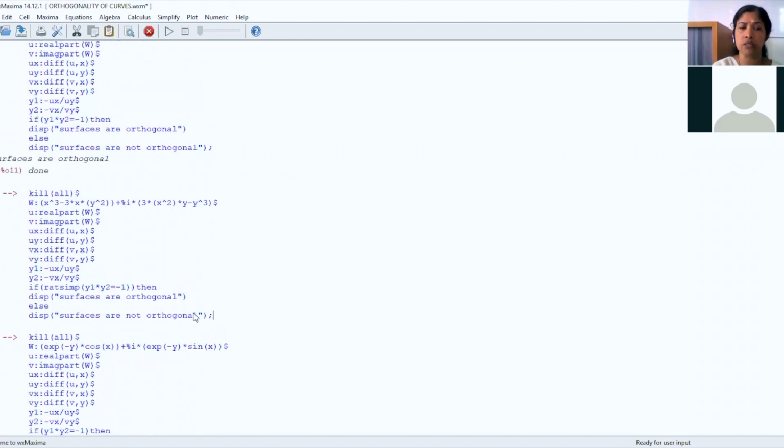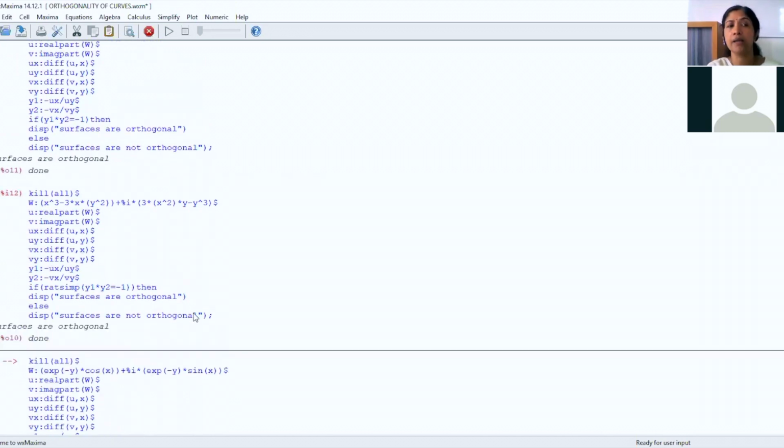Look at the fourth question. The fourth question is slightly different. Even in the command, there will be a slight difference.